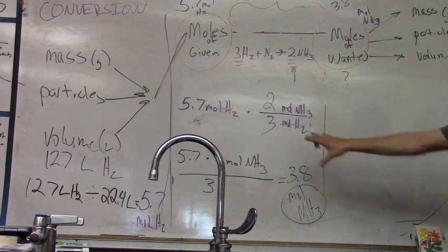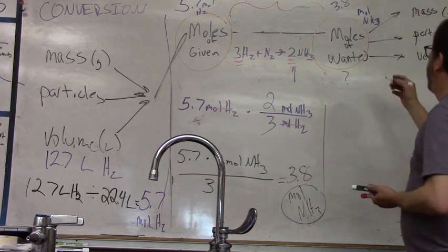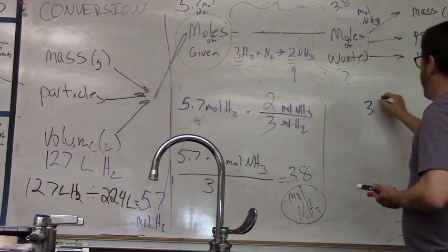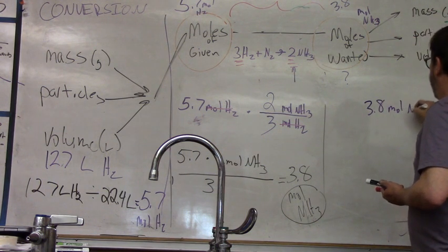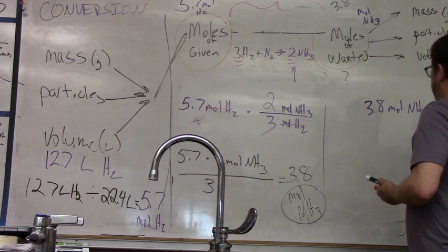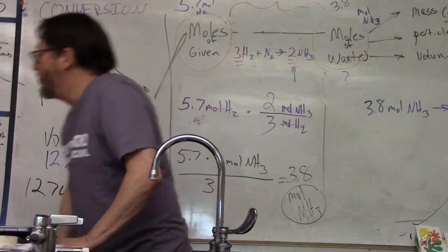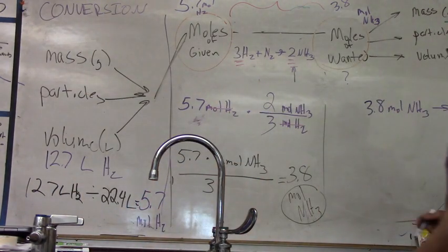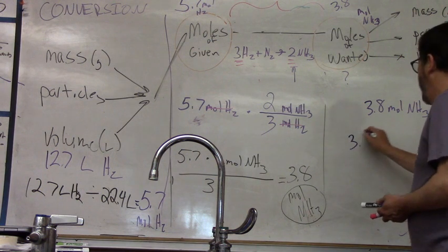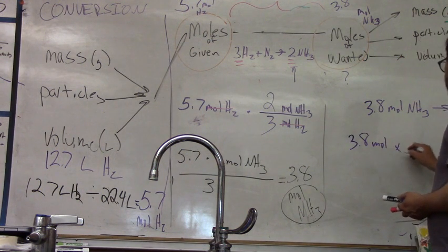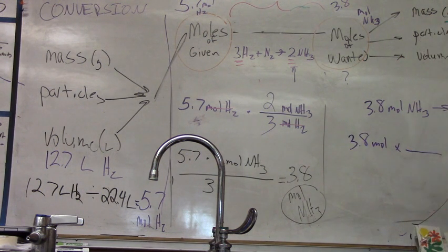So this is the only sort of alien step, and now I just have to go from my 3.8 moles of NH3 to, what unit do I ask for? How many grams of NH3 will be produced? So now it's just a matter of 3.8 moles times NH3, 14, 15, 16, 17, I'm going to say 17 grams per mole.